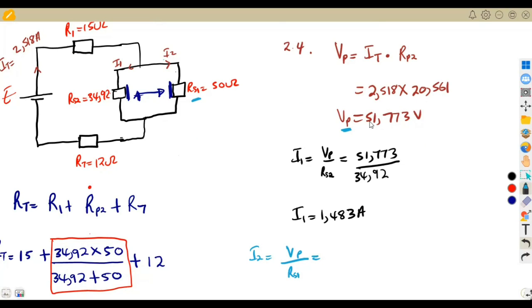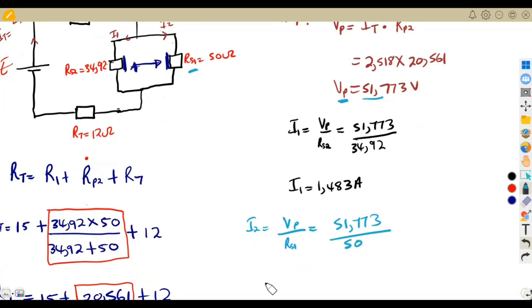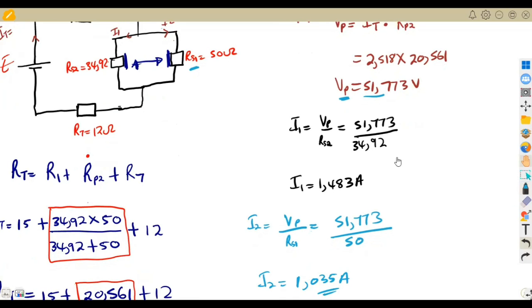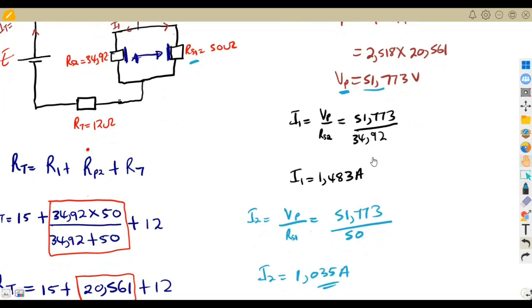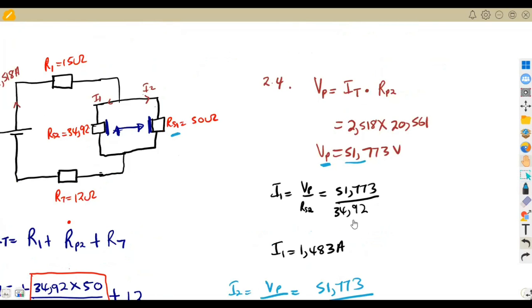VP being 51.773 over 50 ohms. From there we get our current 2, which is something like 1.035 amps.